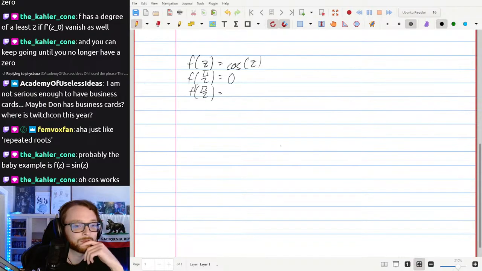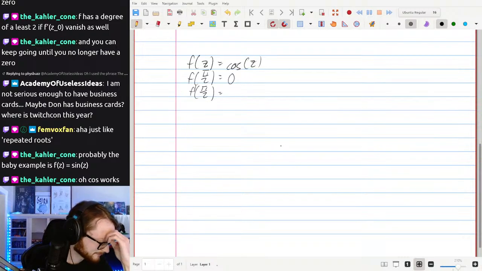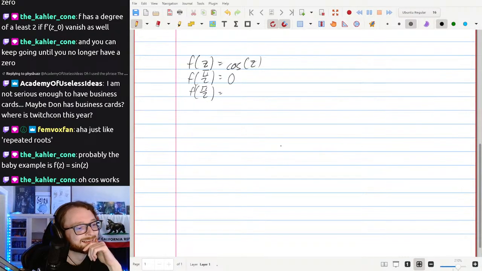Oh, or sine. F has degree of at least 1, at least 2 if f... So f prime is not 0.